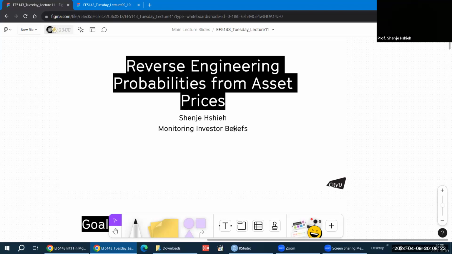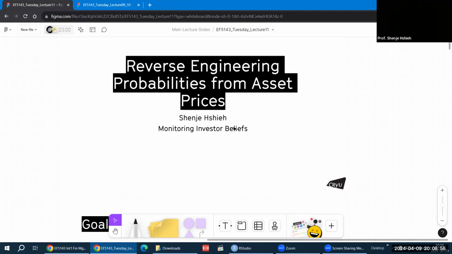So this is where risk neutral probabilities could potentially play an important role. The generalized asset pricing model can be used as an important tool. So we can reverse out the probabilities of certain states of the world based on options. And we can do this because the likelihood that the market believes for certain states to occur is reflected by the strike price.